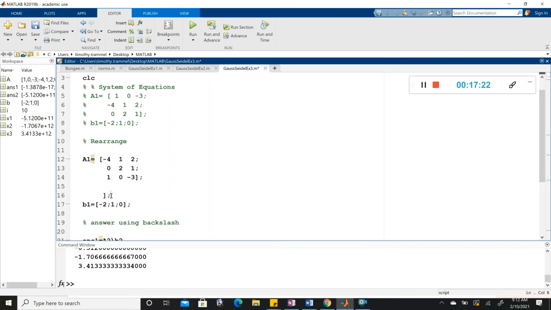Okay. But also we need to rearrange B, right? These were equations. B is part of that equation. So we moved row 3 to row 1. Okay, so that means that this is going to be a 0 here now. We moved, actually, let me rephrase that. We moved, it looks like, in place of row 1, we have the old row 2. Okay. So the old row 2, we need to put the 1 here.